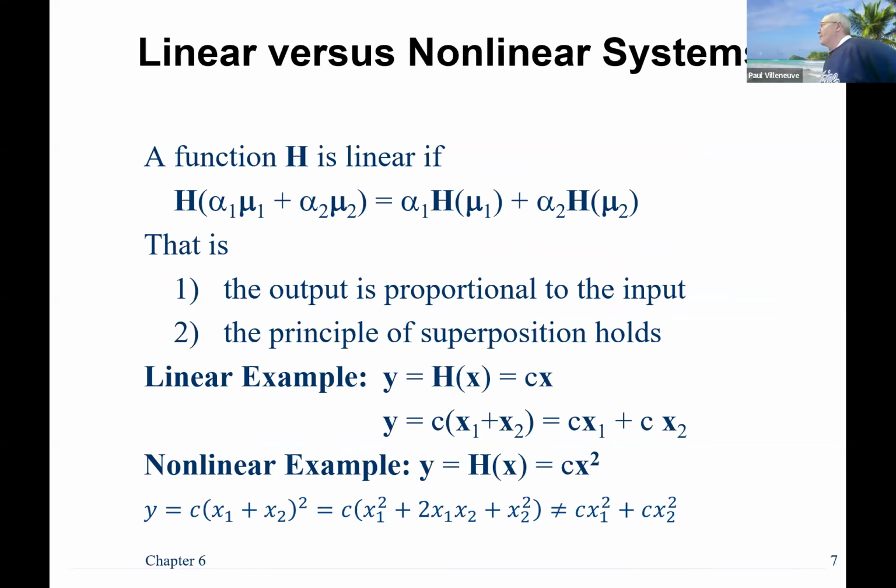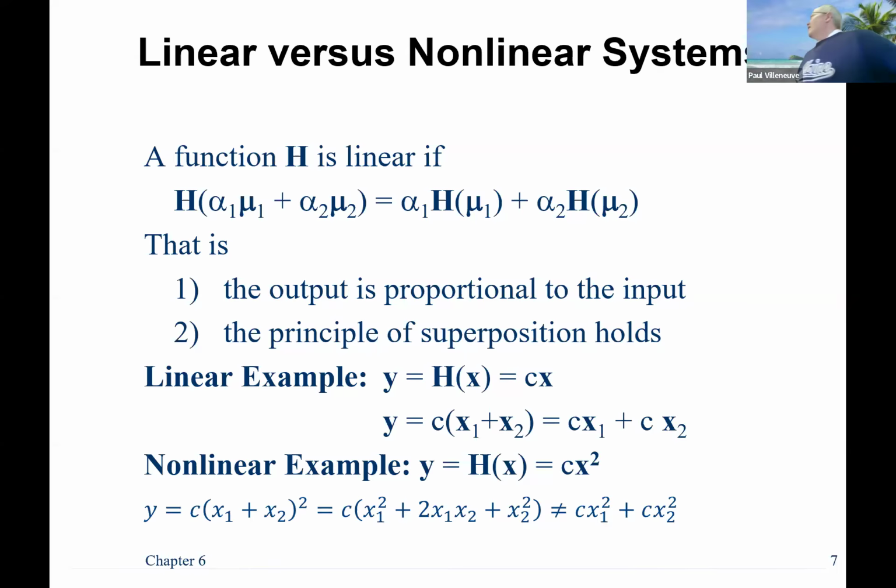If the response to the combined input, meaning the sum of those two, is exactly the same as h of u1 times alpha 1 plus h of u2 times alpha 2, then it's a linear system. So that's the proportionality. And then we also need the concept of superposition, which again, I can put c times x1 plus x2 in there, or I can just put cx and I get the same result. So the first one, cx, is a linear system.